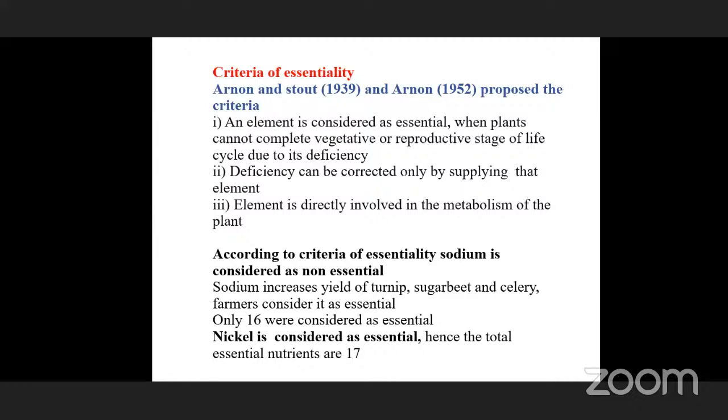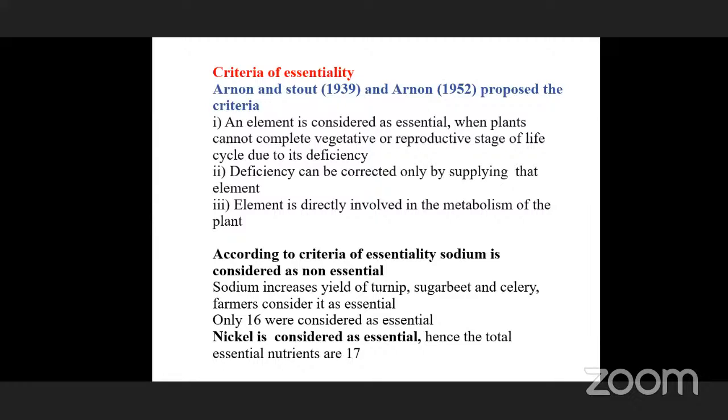One is that the element has to complete the vegetative and reproductive stages of the life cycle. If the deficiency is there, then the plant can't complete the vegetative and reproductive stages of life. For example, nitrogen is helpful for vegetative growth and for completing the life cycle. So nitrogen is considered an essential element.